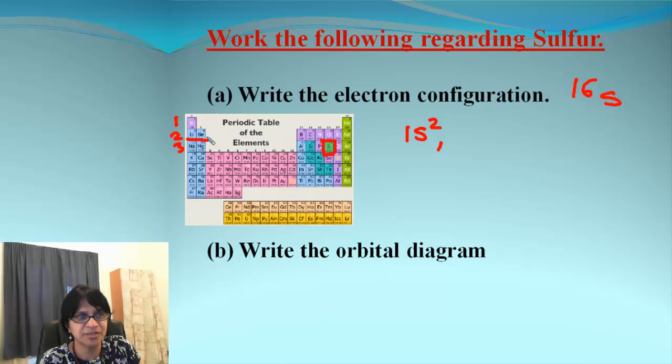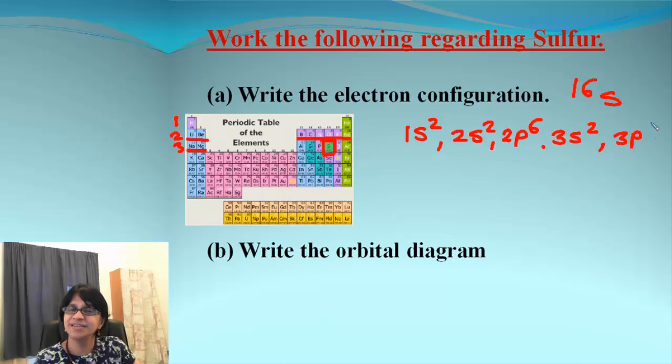Level 2, s is completely filled in, p is completely filled in, so it's 2s2 and then 2p6. Then we go to level 3, s is completely filled in, so 3s2. When we come to p, sulfur is right here, it's 1, 2, 3 and 4, which indicates we have 4 electrons in sulfur. So we got it as 3p4.